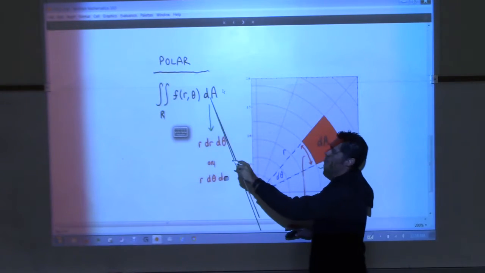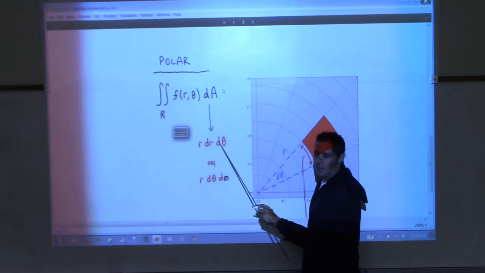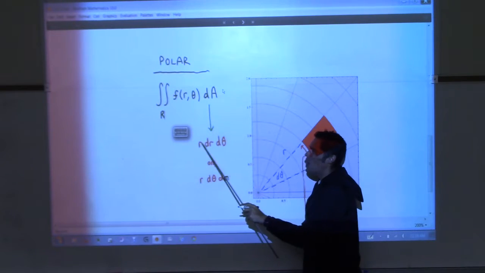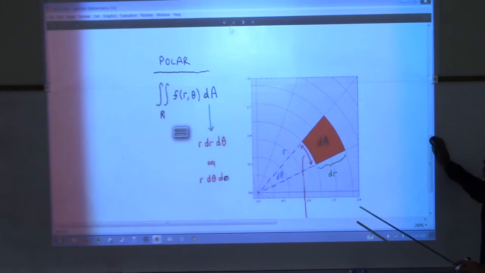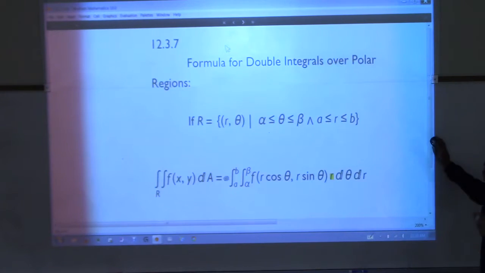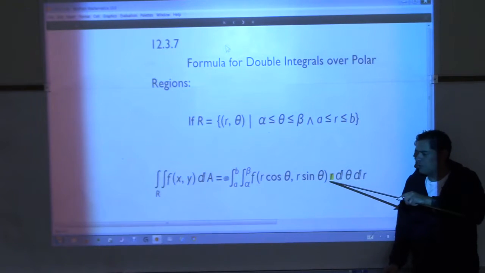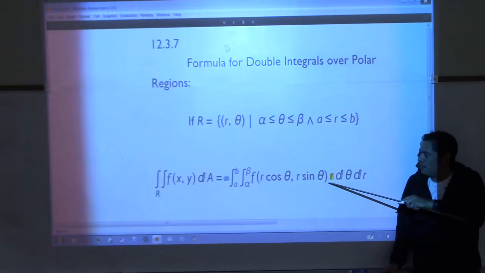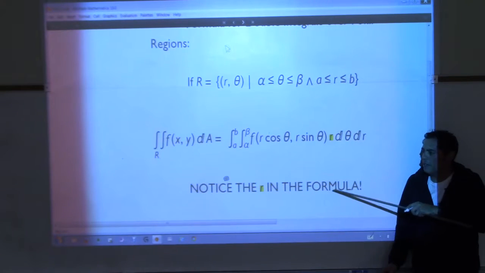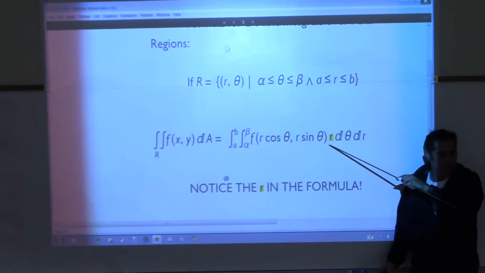This dA does not just become dr d theta. What does it become? R dr d theta. And so anytime you go from Cartesian to polar, you are always going to have to introduce an r into the integral. And I've highlighted it because this is the part that students forget.